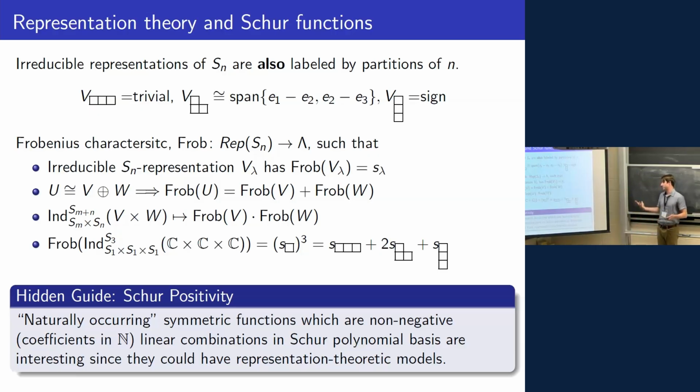You can't just know what it is, but maybe you can work it out, and that's a guiding question in general. So whenever people come up with symmetric functions, if it ends up being computationally Schur positive, that's surprising, and they want to chase that. Okay, so that's one of the things I like to do.